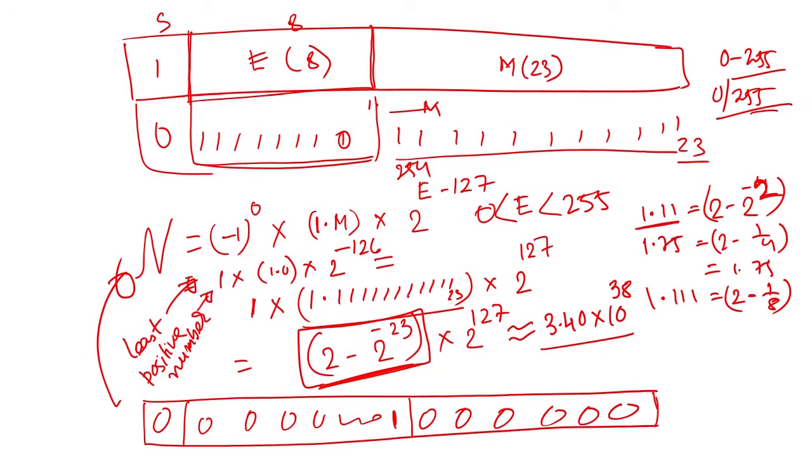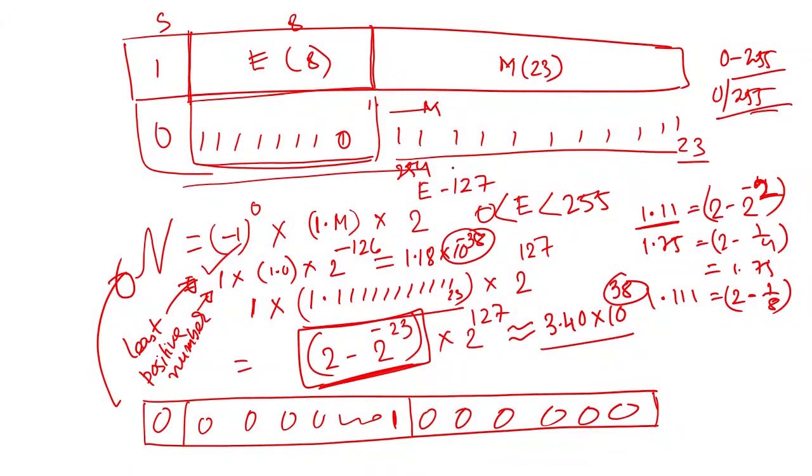This will be close to 1.18 into 10 to the power minus 38. This is the least positive number, and the highest positive number is what we calculated earlier.